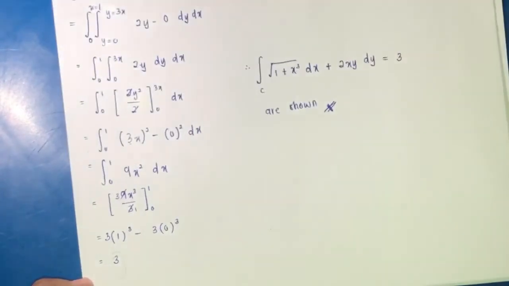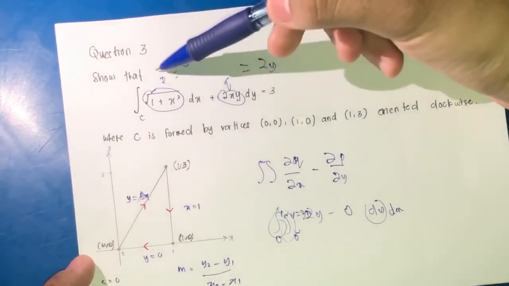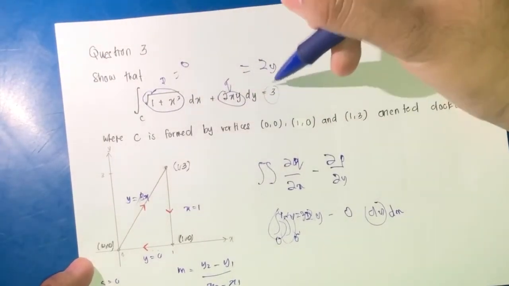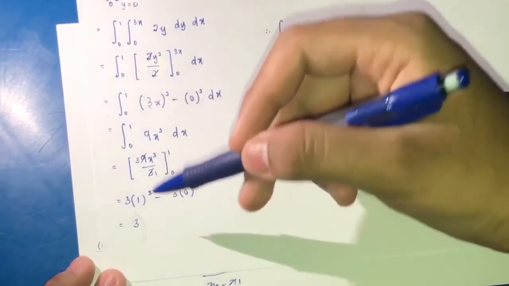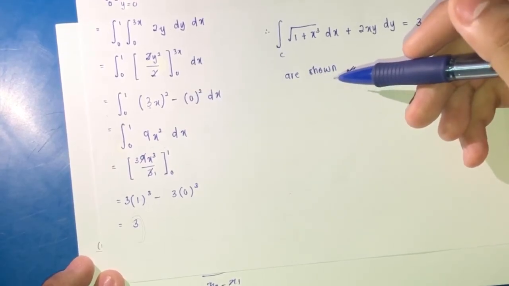Since the question asks us to show that this integral is equal to 3, and the answer we get is already 3, it is already shown for this question. Thank you.